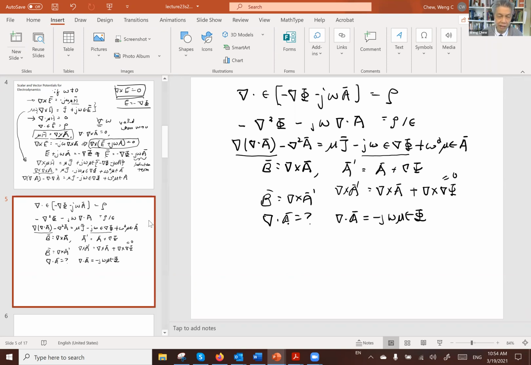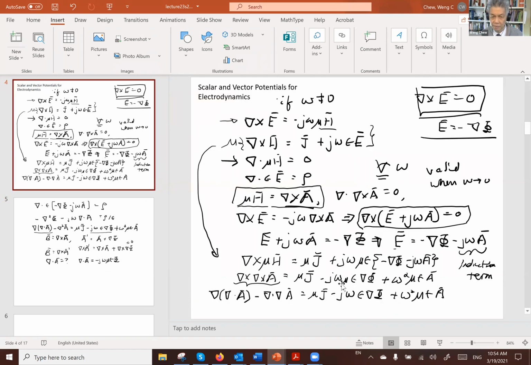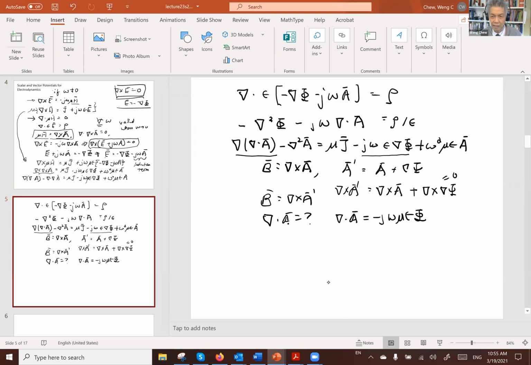Let me track where and why it is missing. When I go from here to here, I miss the mu on transferring this equation to the next line. So this should have a mu. Okay, sorry about that. And so if I do that correctly now, then this should be an equation with a mu.